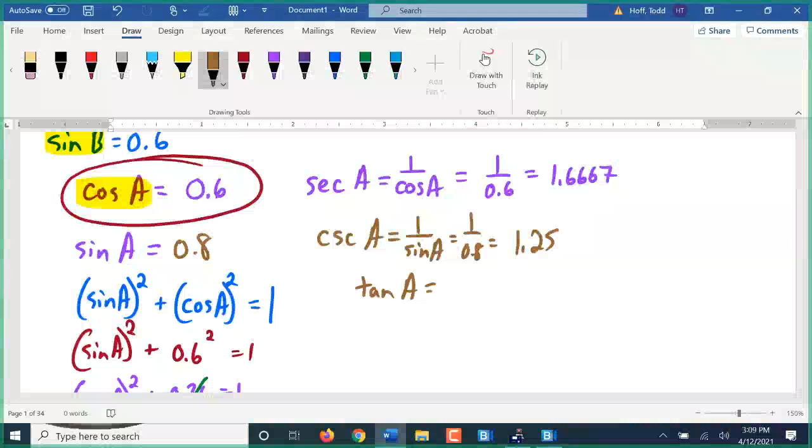Tangent of angle A. Tangent of A is the sine of angle A divided by the cosine of angle A. Sine is 0.8, cosine is 0.6.